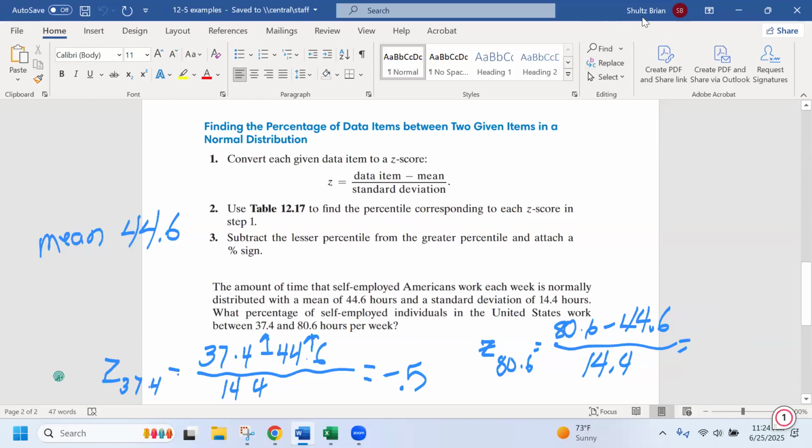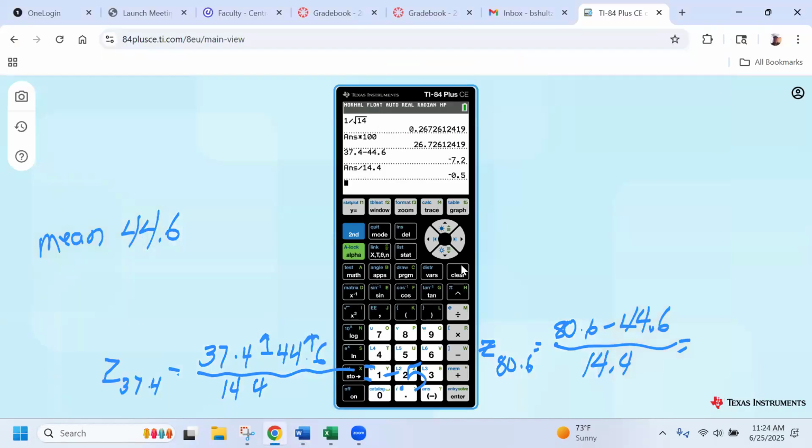I'm going to grab my calculator again. 80.6 minus 44.6 divided by 14.4 is 2.5.